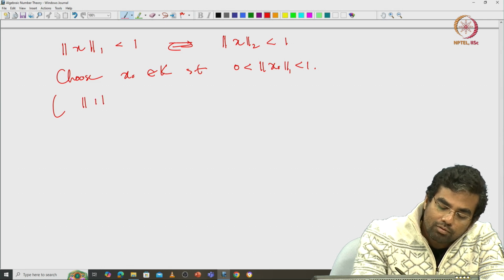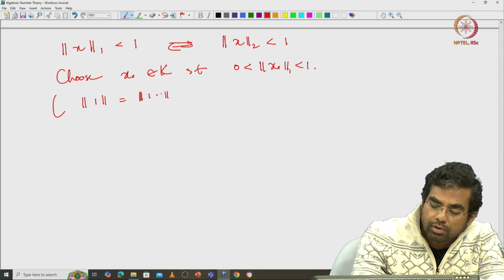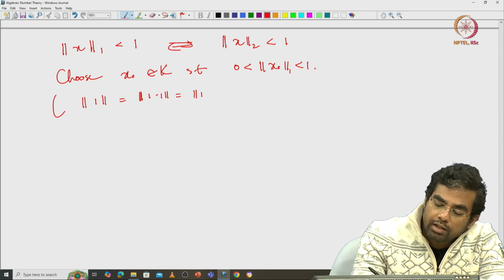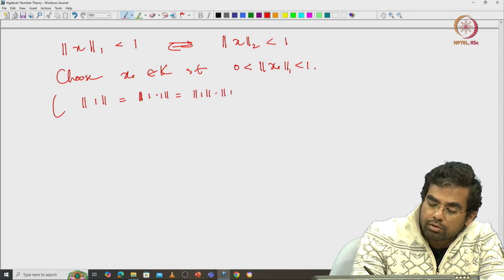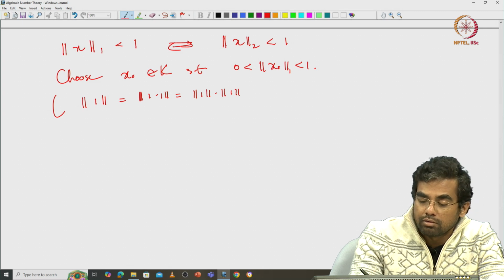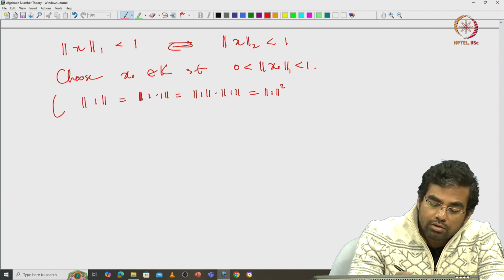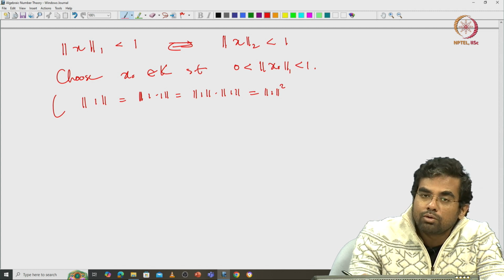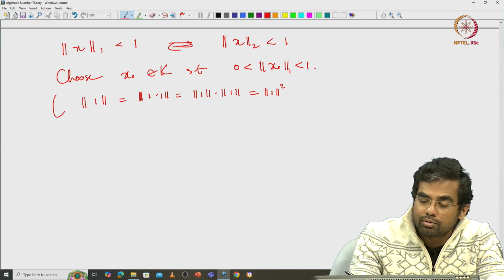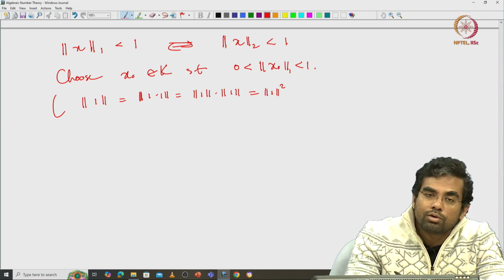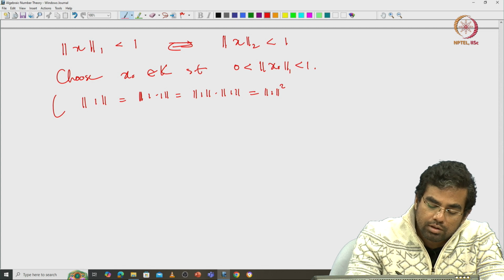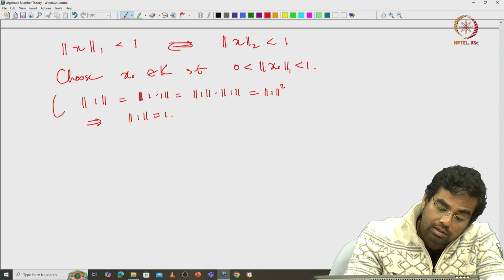What is the valuation of 1? Right. So, the valuation of 1 is the valuation of 1 times 1, which is equal to the valuation of 1 times the valuation of 1, which is the valuation of 1 squared. And so, if x is equal to x squared, then there are only two options for what x could be. It could be 1 or it could be 0, but 0 is the only element of K with valuation 0. So, this means that the valuation of 1 is 1, right.